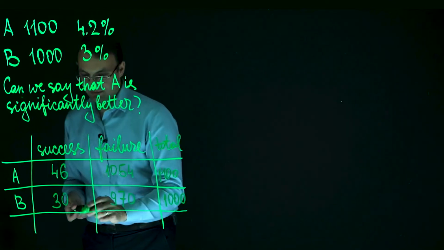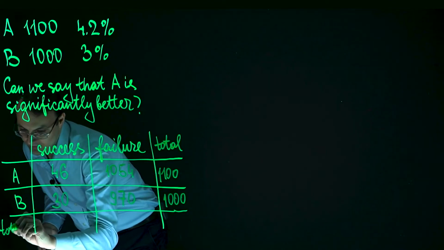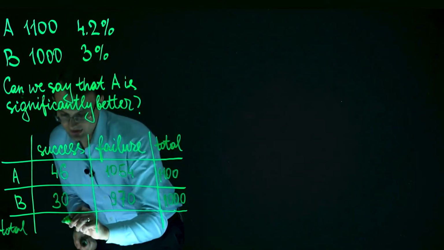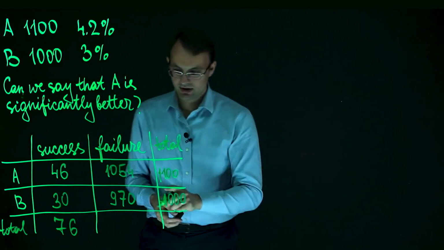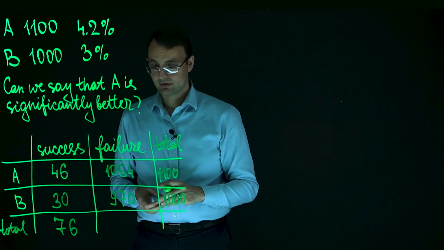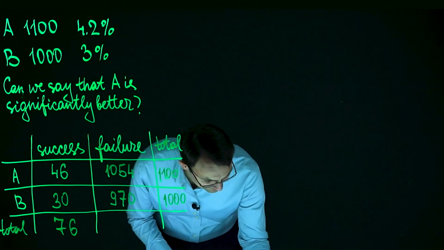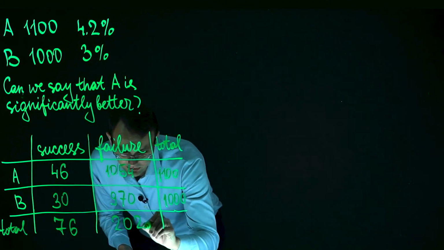And so here we have sums. Here we have 46 plus 30, 76. And here we have 1,054 plus 970. That is 2,024.